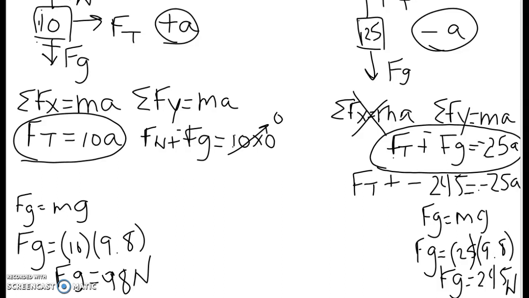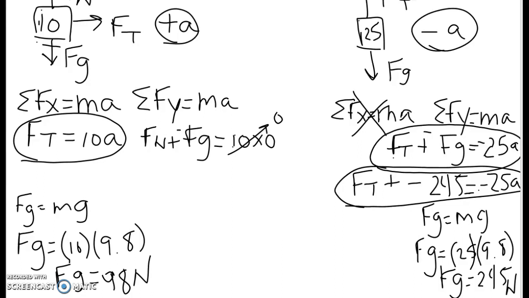Okay, then what I'm going to do is, this is a little crazy, but I have two equations with two unknowns. And so I want to figure out the acceleration of this block. Well, I know that the force of tension is equal to 10a. And I know that because they're connected to the same string, the tensions are going to be equal and they're going to accelerate as one unit.